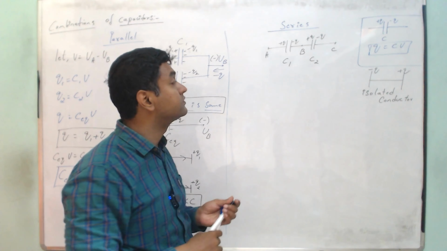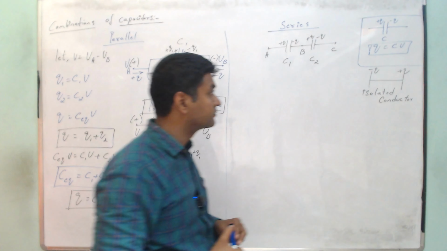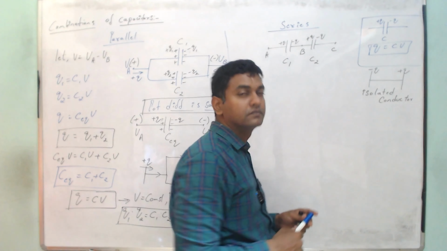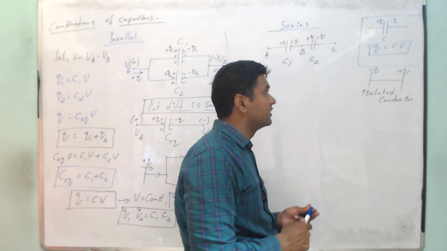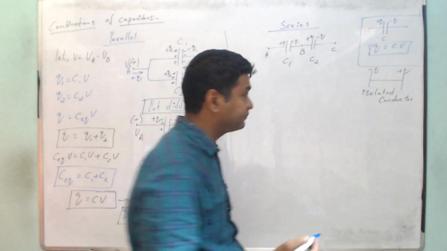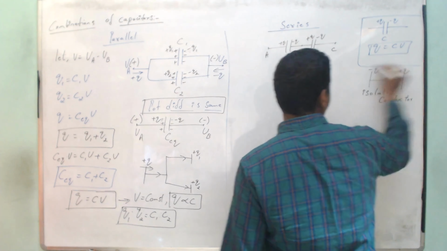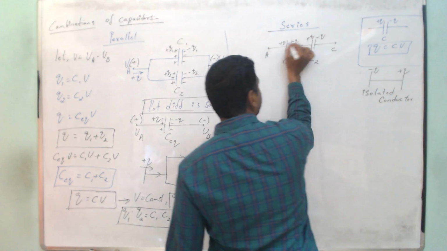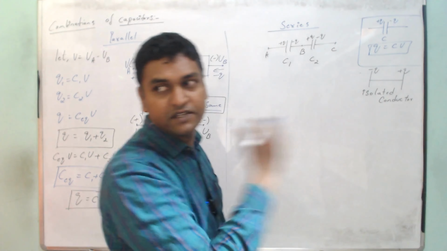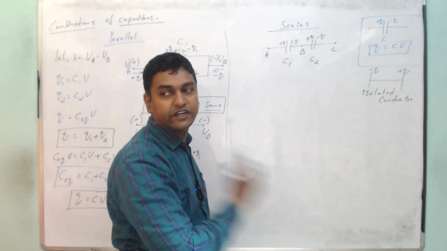Sir, if we draw a Gaussian surface, like we know electric field is 0, and we can tell that minus Q plus something equal to this. Yeah, but if you draw Gaussian surface, you will realize that the electric field is not 0. Electric field between the plates of the capacitor is from positive to negative charges.